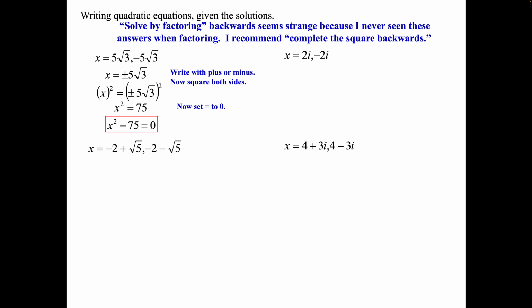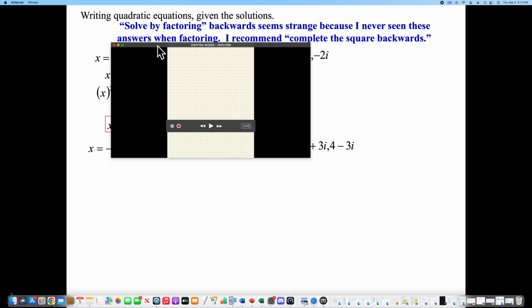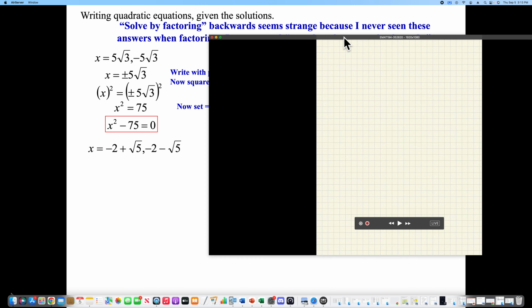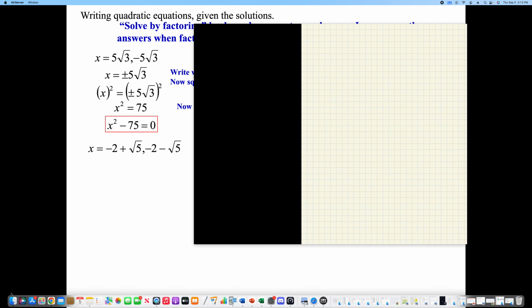What authors are going to ask you to do, which I think is absolutely crazy, and I'm going to do both of them here so you can see them done. These two right here. They're going to ask you to do the following. Think of this as x equals 5 square root of 3, x equals negative 5 square root of 3.